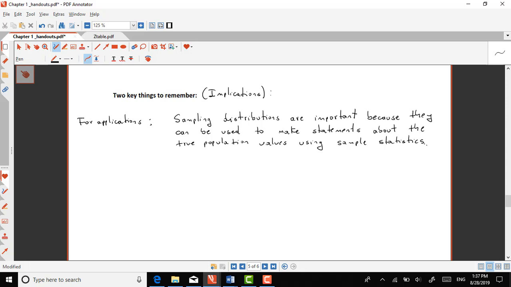So, knowing this sampling distribution is what is going to allow us to say something about the true population value.